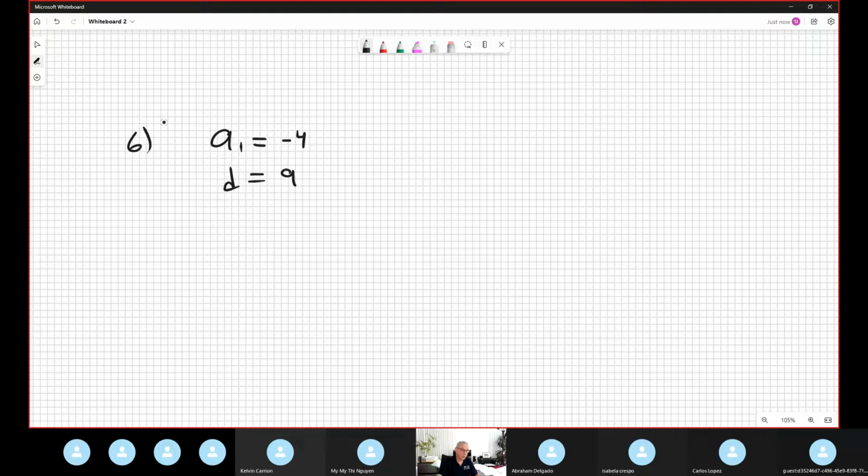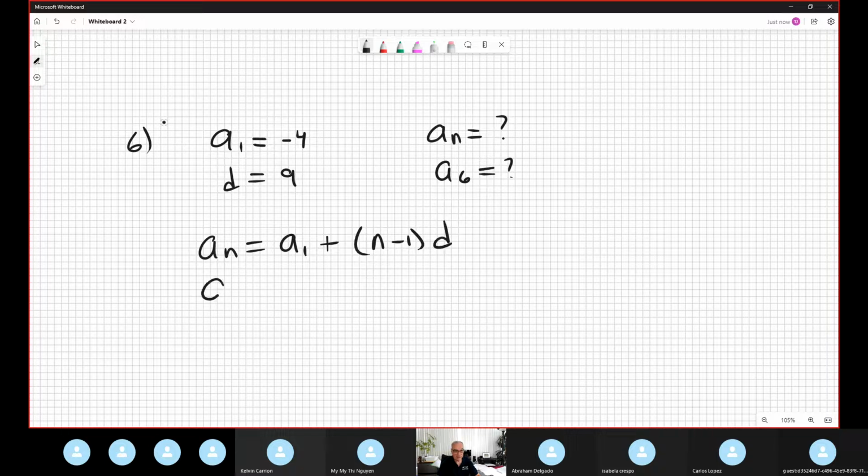You need to find the a_n formula, and specifically a6. The only formula that you need to remember is a_n equals a1 plus (n minus 1)d. And everything is given. a1 is -4, (n minus 1) multiplied by 9.